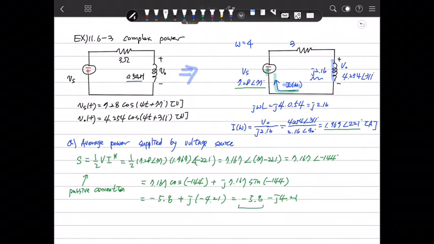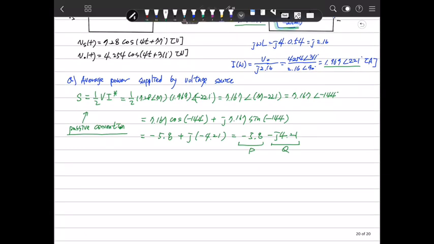This is the active power P, and this is the reactive power Q. Because we use the passive convention, the minus value means the 5.8 watts is supplied by the source.